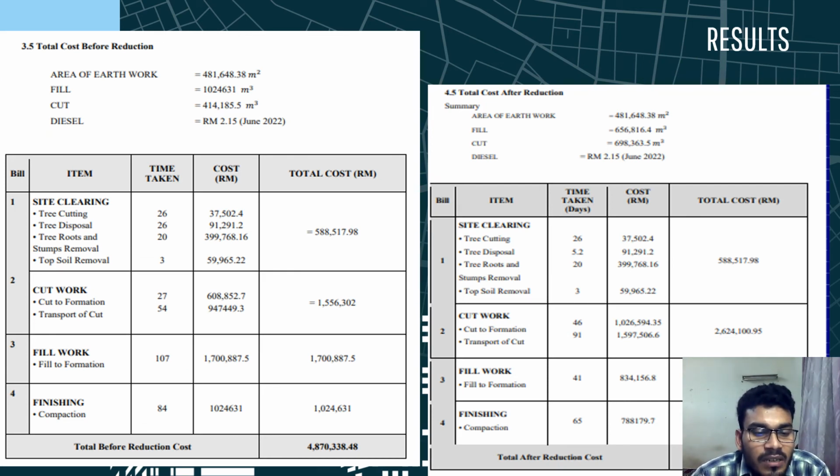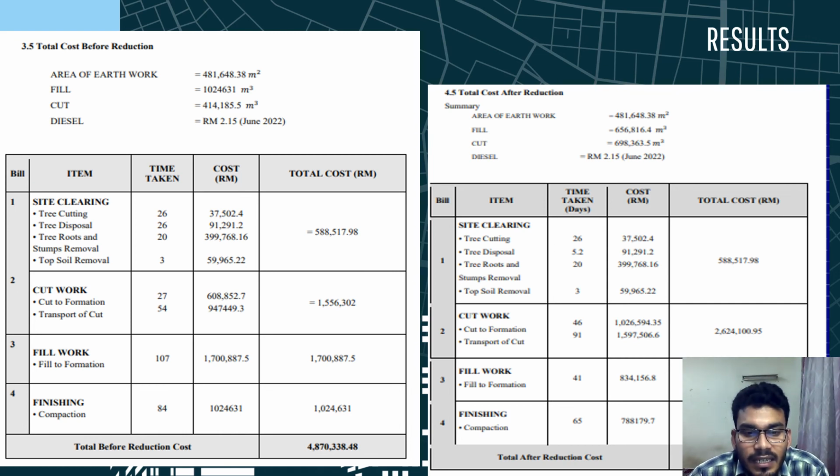For the total cost before reduction, we consider the area of earthwork, area of fill, area of car, and diesel. So for all 4 departments we get our before reduction values, and from this the total cost before reduction is shown here.